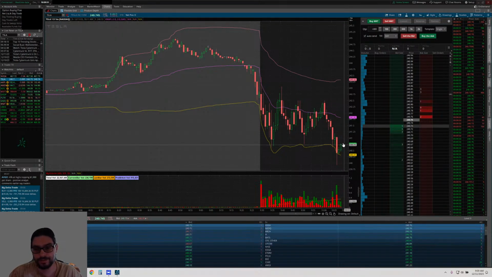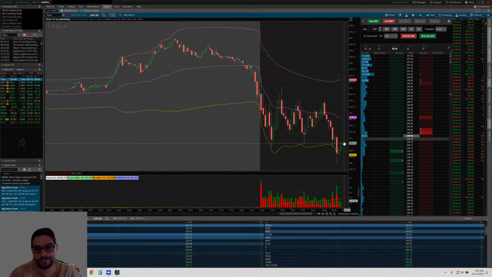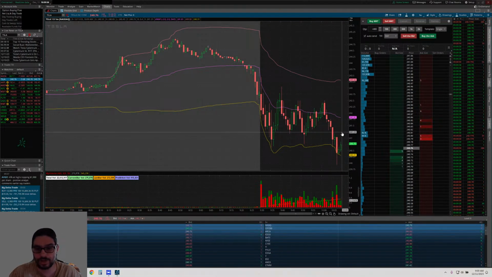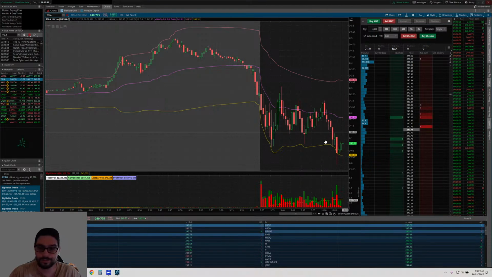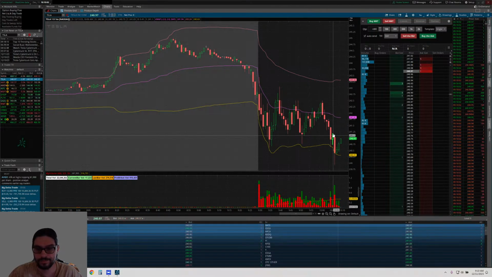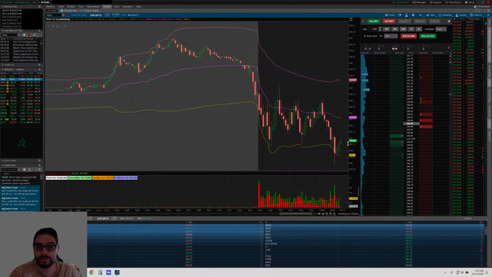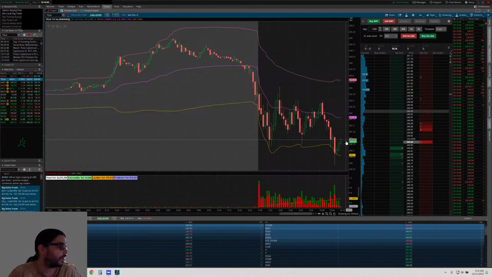See, there's the pull up to that. Kind of expected. That's why I went to the top part of that candle. This one. So right now this would be a $200 plus loss.